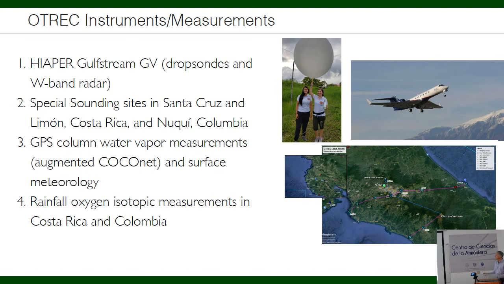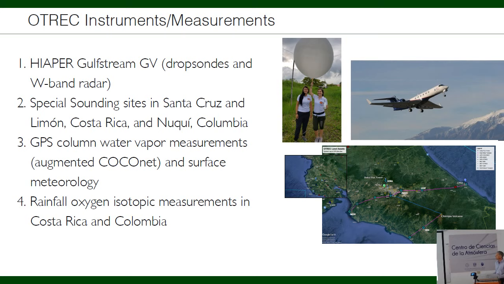But we're going to use dropsondes to assess the moisture, vorticity, and energy budgets of these disturbances. We have special sounding sites in Costa Rica and Colombia that are going to contribute to this program.